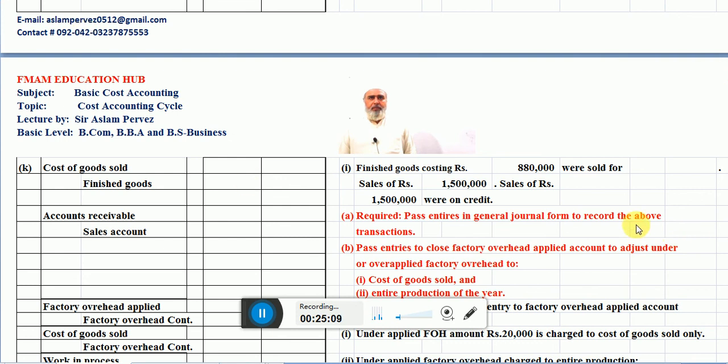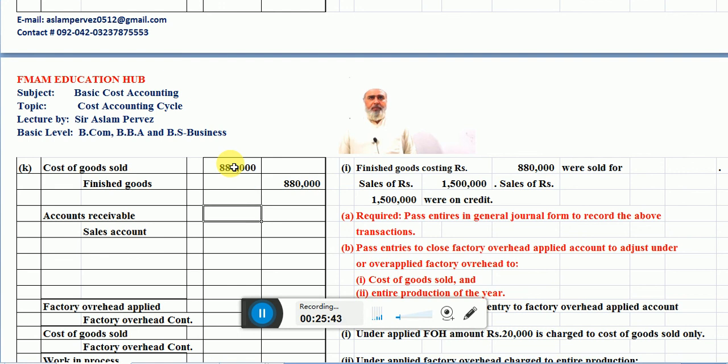Firstly, we have to pass an entry against the cost of goods sold, which is part of finished goods that is ready to sell in the market. Here, the amount is 8,80,000 rupees, and the finished goods of 8,80,000 rupees is decreasing because this product is ready to sell in the market.